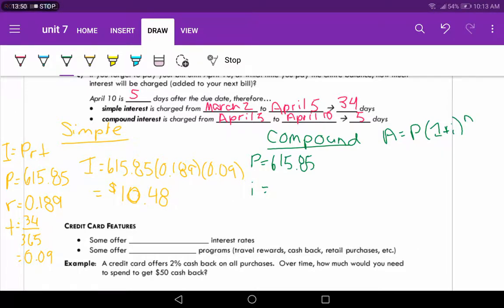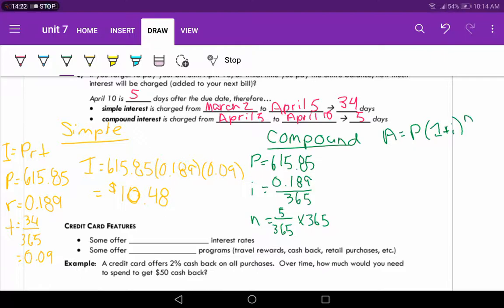My interest, because this is compounded annually, we need to divide that by 365. And my n is 5 days, right? So 5 days, again, that has to be in years. So we have to divide by 365, but we also need to multiply by 365 days.